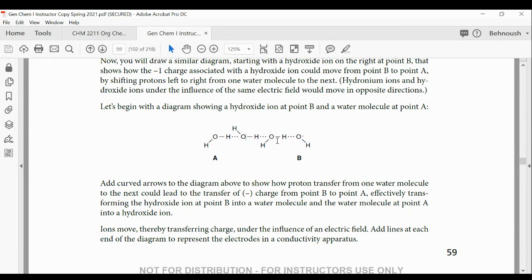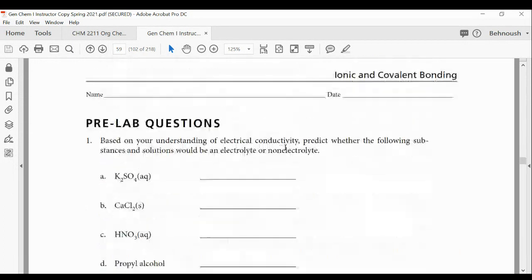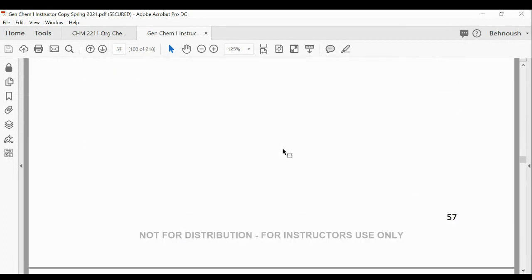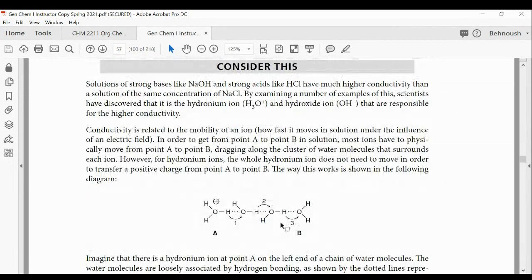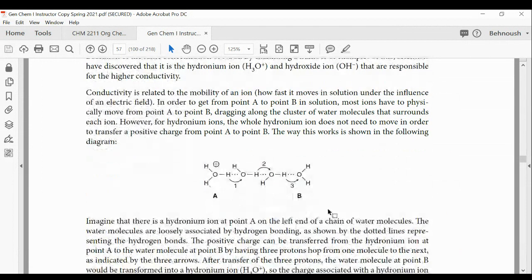The arrows look just like this example, but the idea is different. The arrows would look exactly the same based on the position from the A side to the B side, but the idea is different because in the pre-lab example, you have OH minus pulling the H plus from the water molecule.